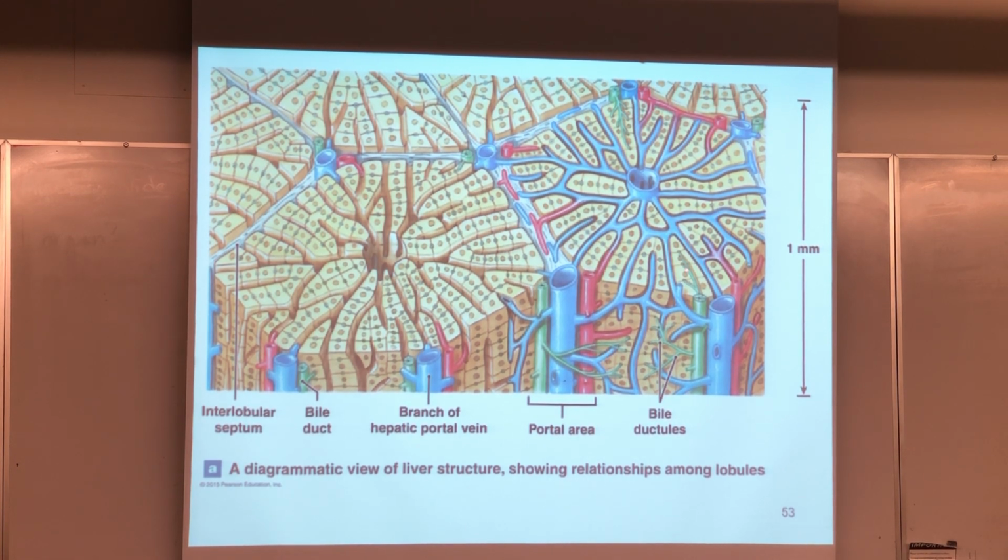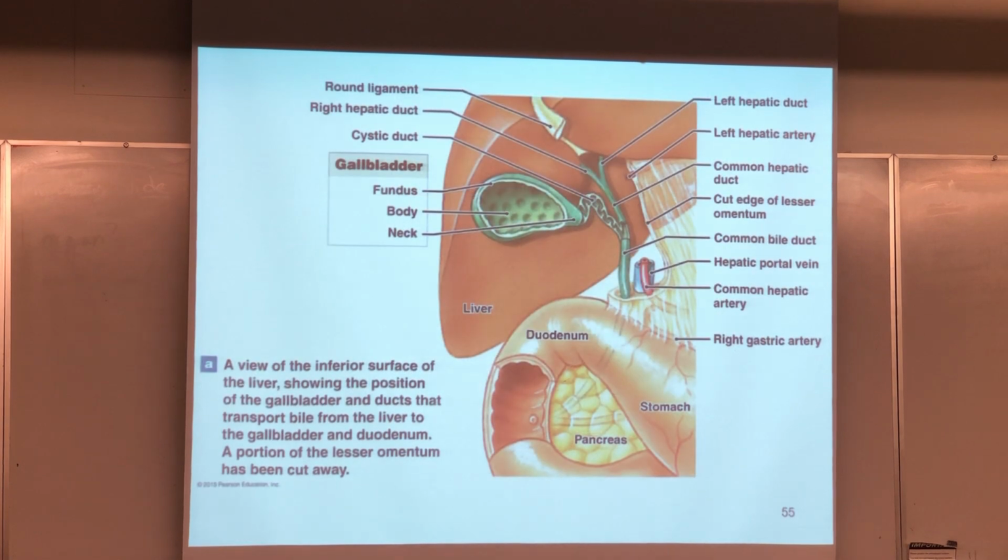All these bile canaliculi converge onto the bile ducts, and we're not going to worry about bile ductules, but the bile canaliculi go to the bile duct. I've got a branch of the hepatic portal vein going this way, a branch of the hepatic artery going this way, and all of our bile from all of these bile canaliculi and bile ducts are going to merge and leave the liver for just two passageways.